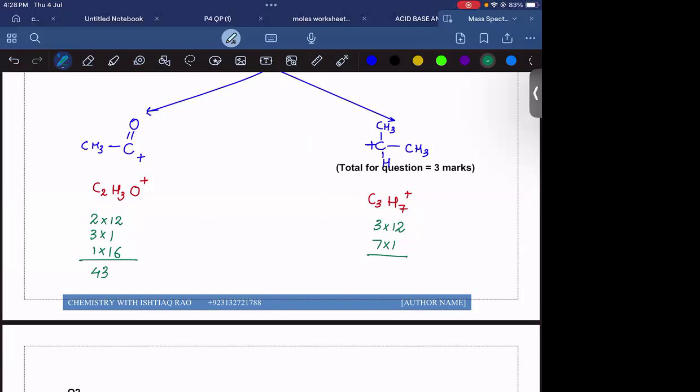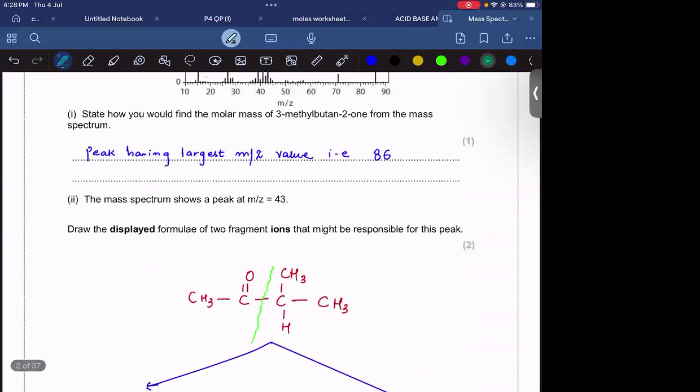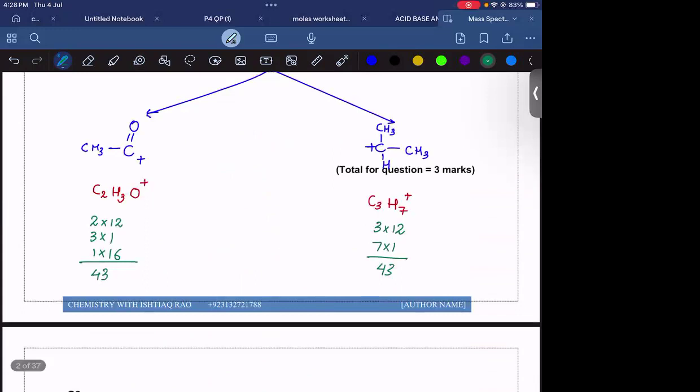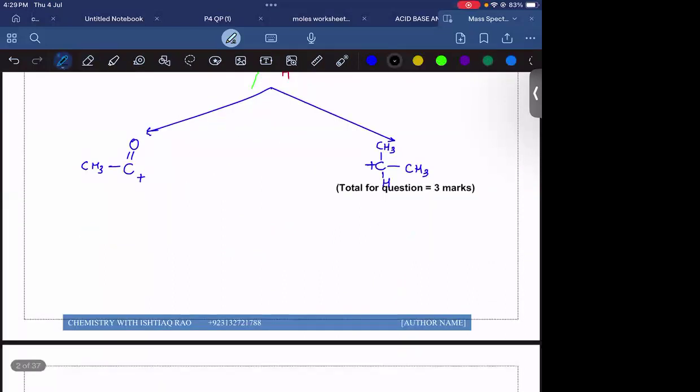43 as well. Okay, so they are asking, draw the displayed formula of the 2 fragment ions that might be responsible for this peak. So yes, we have drawn this, but you have to draw the displayed formula. I am going to draw it in such a manner. You have 3 hydrogens connected to carbon.